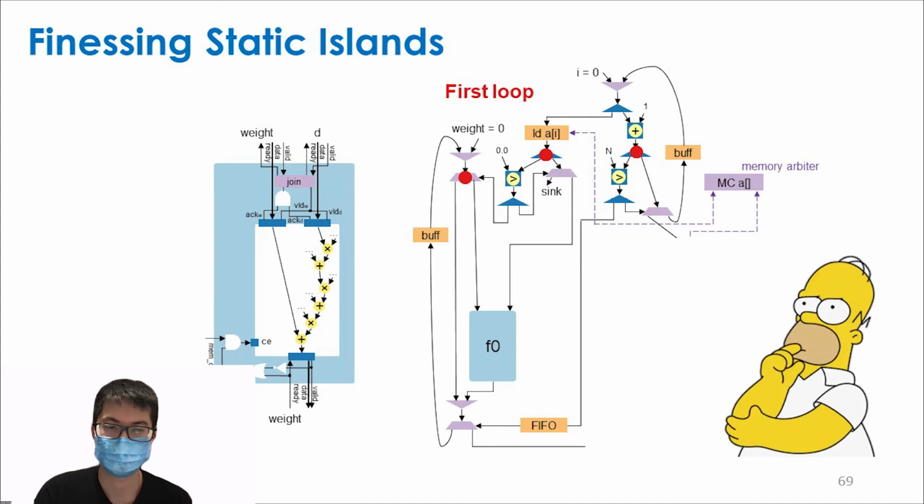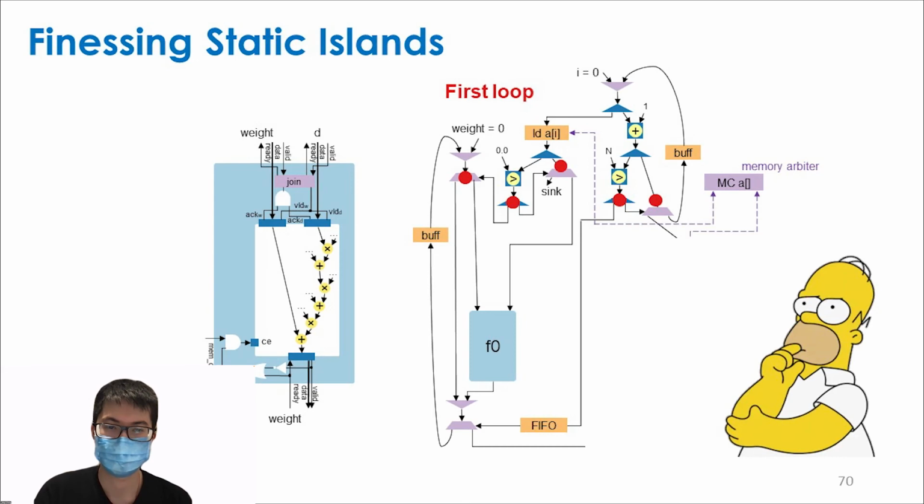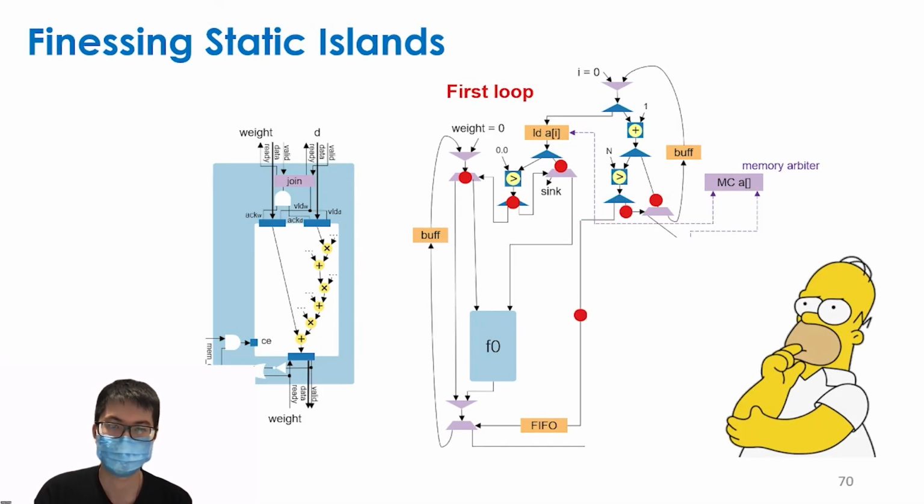It then checks the if condition and loop exit condition to determine which paths this token should take. The loop iterator then goes back to the top to execute the next iteration early.